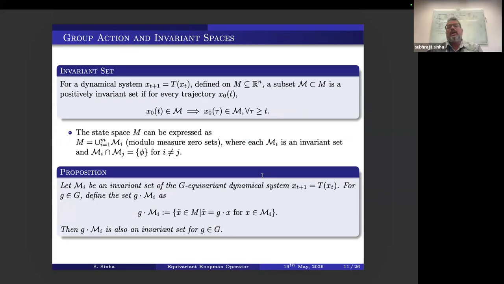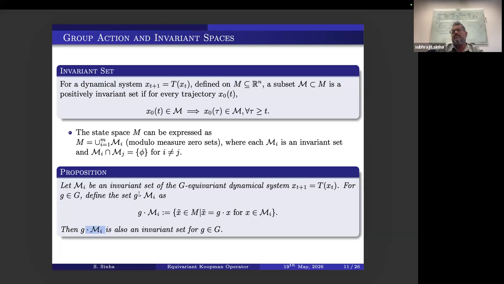Now let's say we have a stable system on a compact manifold, or a compact subset of R^n, and we have a decomposition of the state space into invariant sets. One can show that if M_i is an invariant set, and you consider the set G times M_i, that is, the set of all x tilde belonging to M such that x tilde is G of x, then G of M_i is also an invariant set.